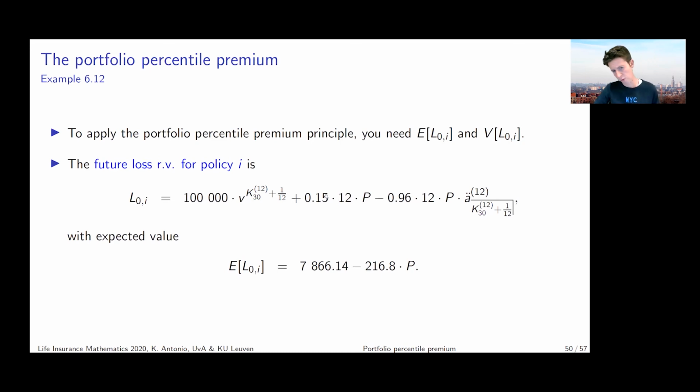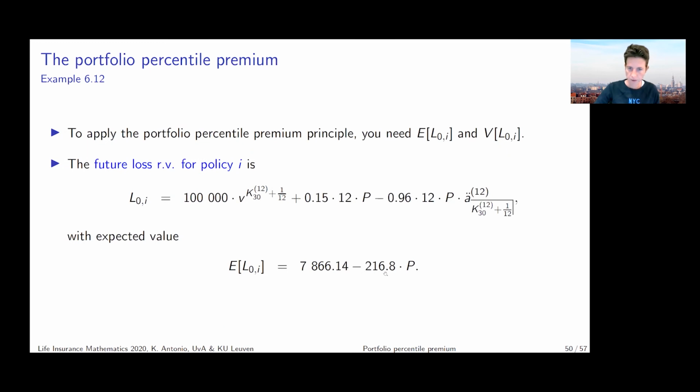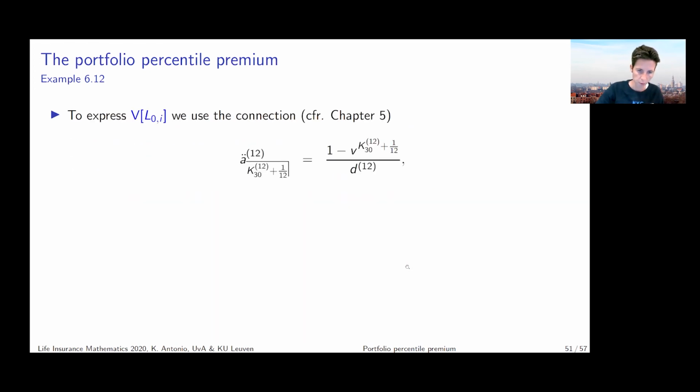So I would do it as 0.15 times 12 times P plus 4% 12 times P times this guy minus the thing that you see over here. That gives me the 216.8 times P. So I'm going to leave it as such, and use that in a later step to solve for the unknown P.